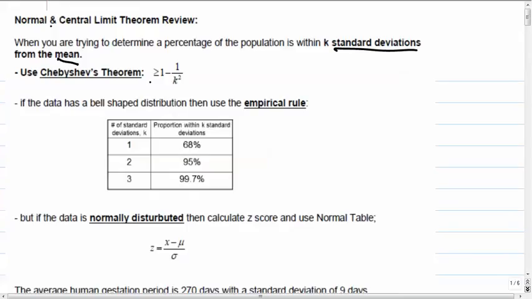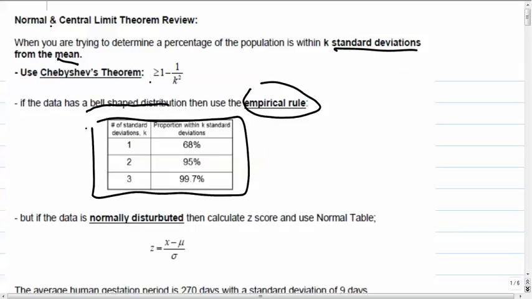Again, you're not told anything more than the mean and standard deviation. Nothing like it's a bell-shaped curve or it's a normal distribution. The second thing would be if the data has a bell-shaped distribution. Then in this case, more likely you're going to be working with the empirical rule and this table given here.